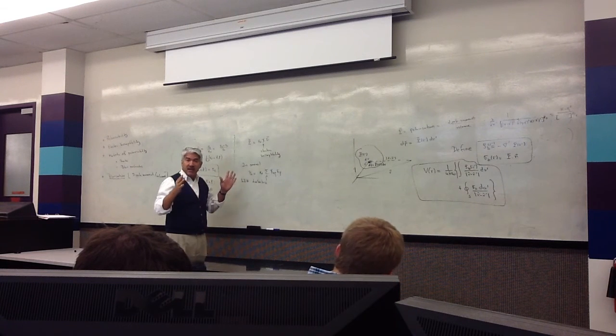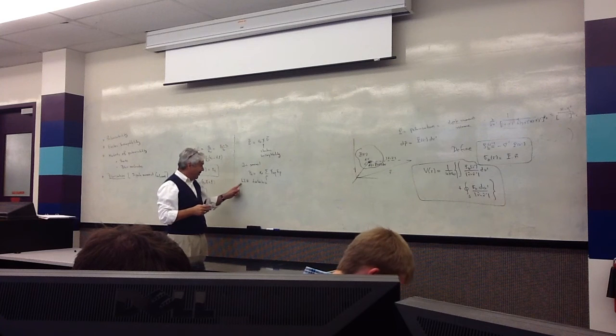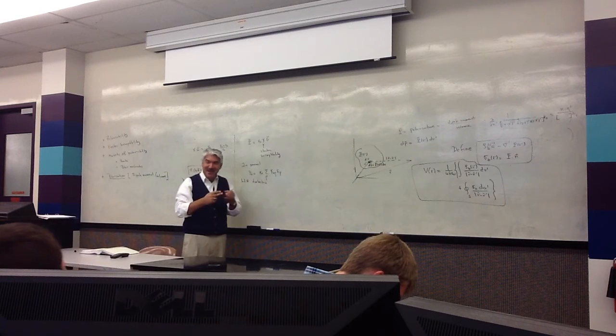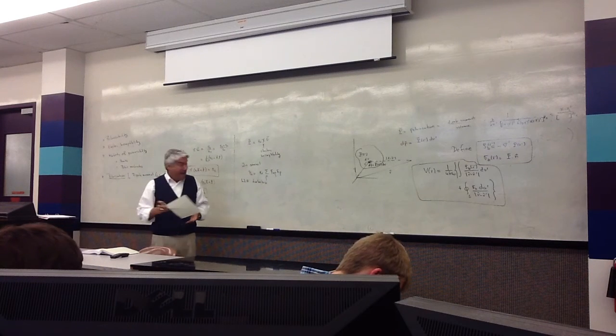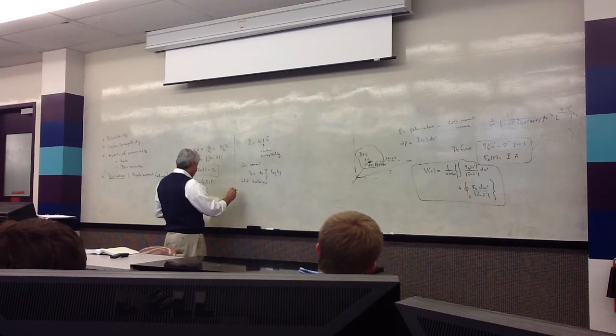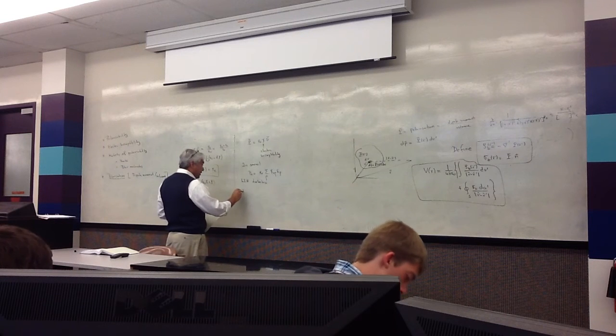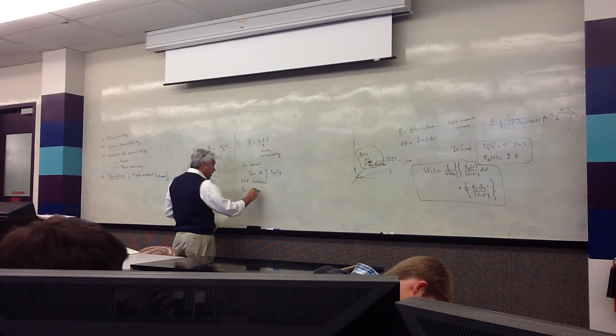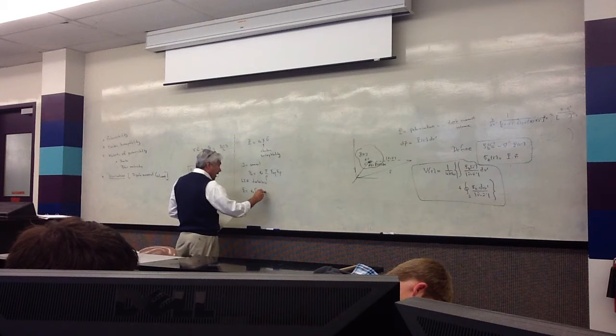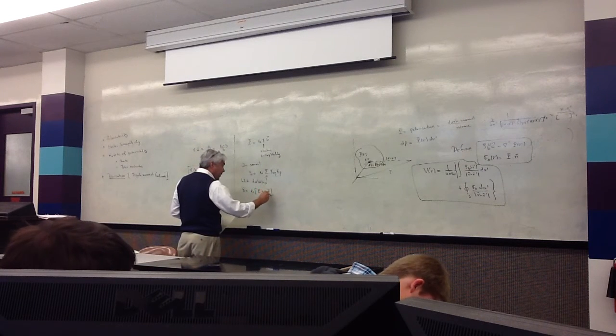So for those cases and those cases only, you can imagine I have three conditions: linear, isotropic, and homogeneous. For those three cases, D should be equal to epsilon 0 of E plus P, right?